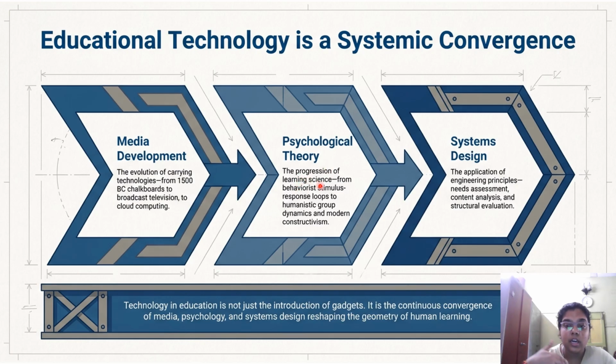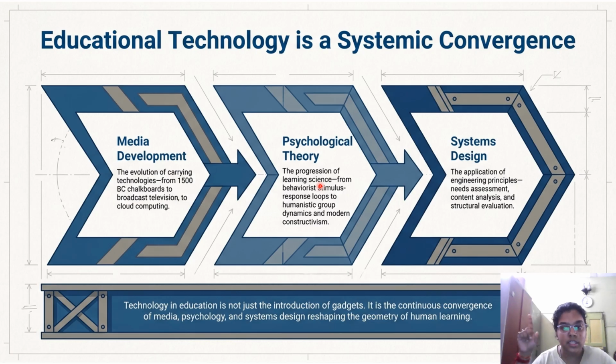The time when learning science progressed from behaviorist theory. In the course code maybe MAS 013, I have discussed a little bit about behaviorist theory, that stimulus response connection, the S-R bond.